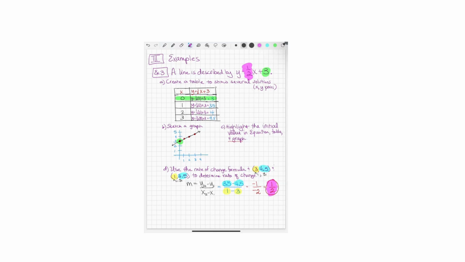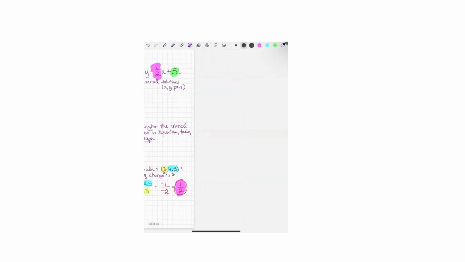I want to sneak in one more problem for us. This time, instead of me giving you the equation, I'm going to hand you a table. So here comes example 4. I'm going to say this table represents a linear function. I don't have any context.